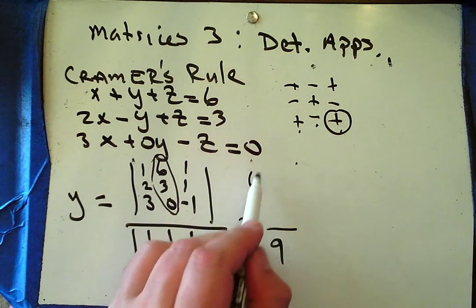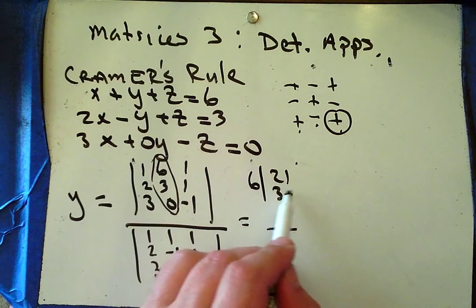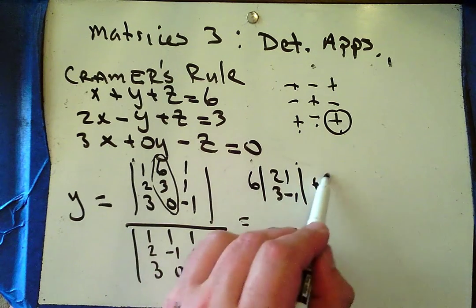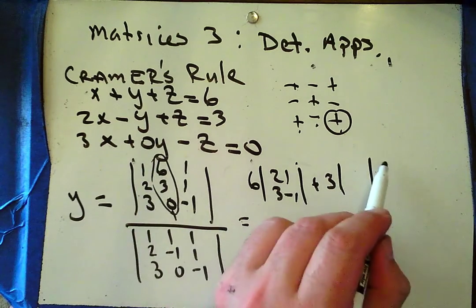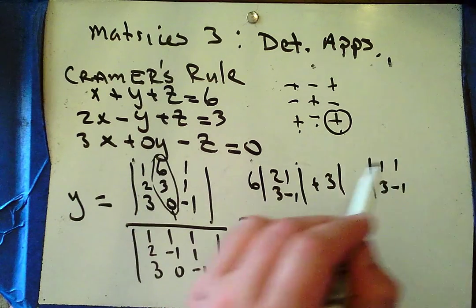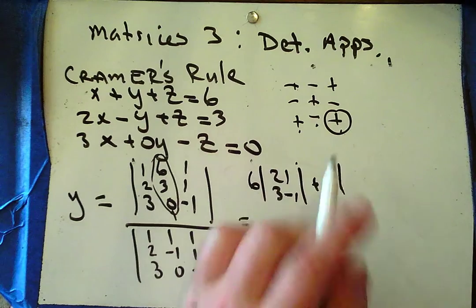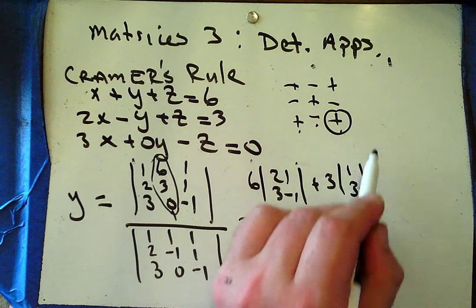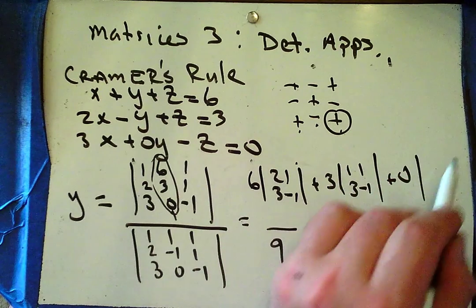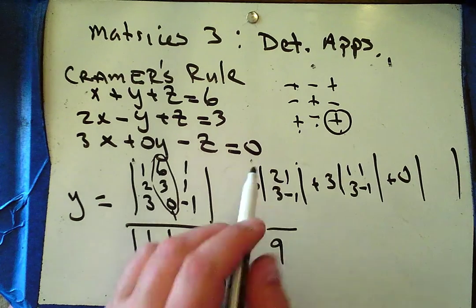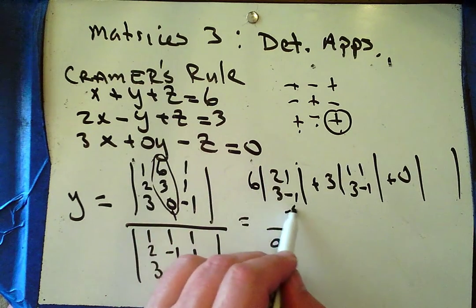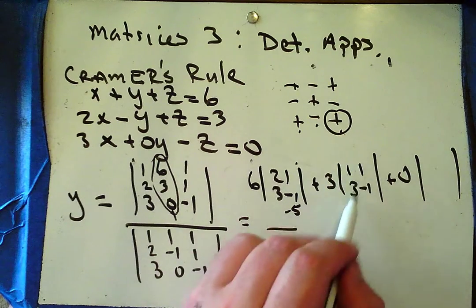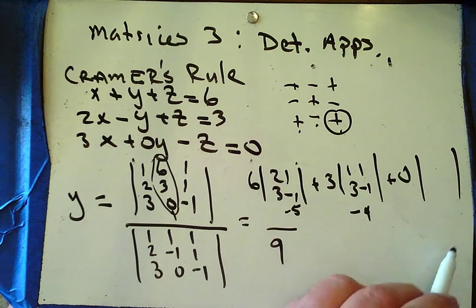And then I have that 3, and that knocks out those, leaving me 1, 1, 3, negative 1. And then finally 0 times some stuff. Okay, so this is negative 2 minus 3, which is negative 5. And here we have negative 1 minus 3, which is negative 4.